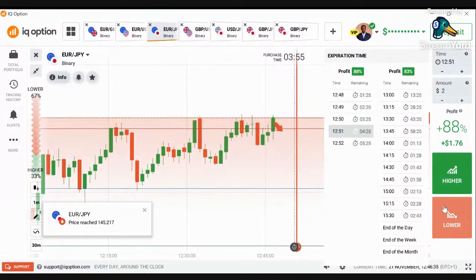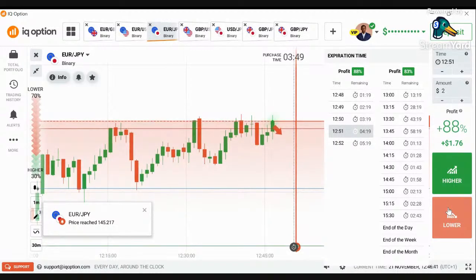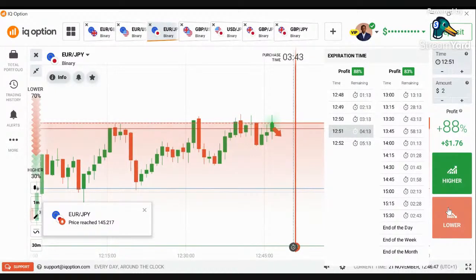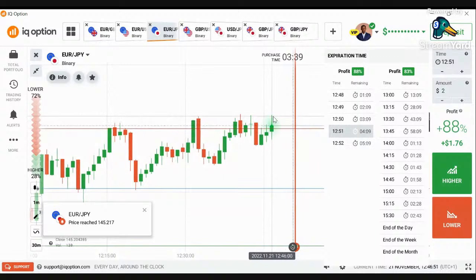So if it goes above that high, I'm gonna sell. I want to see it go above that high because I'm selling at the high price. That was quite fast.